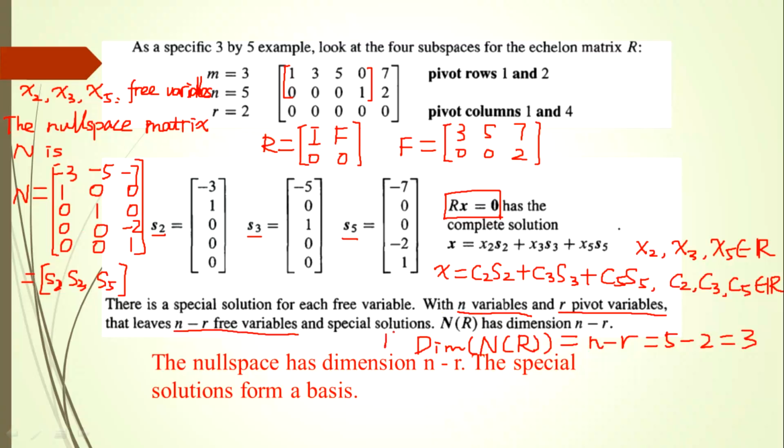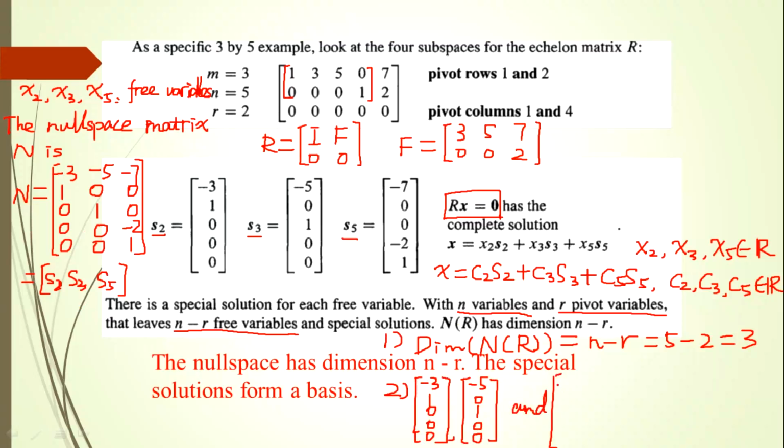So this is number 1. Number 2, those three vectors, minus 3, 1, 0, 0, 0. Of course, those three special solutions, they are independent, right? That's why we set up the free variables as 0 and 1s.